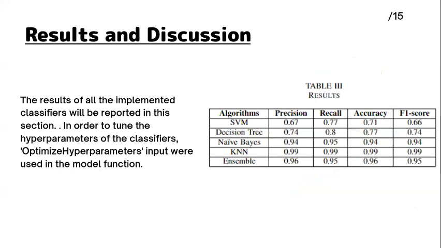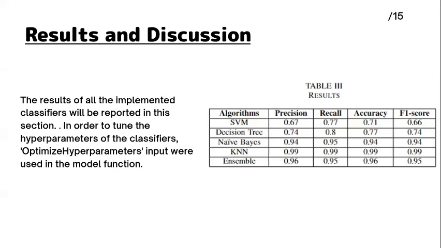Results and discussion. The results of all the implemented classifiers are here. In order to tune the hyperparameters of the classifiers, optimized hyperparameters were used in the model function. After training the previously discussed algorithms on the datasets with a ratio of training and testing of 0.8 and 0.2 respectively, the following results were obtained for each algorithm.